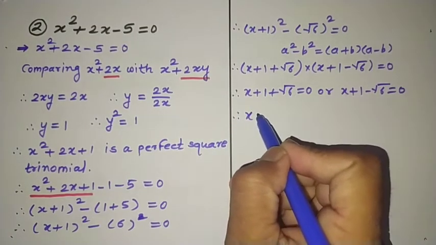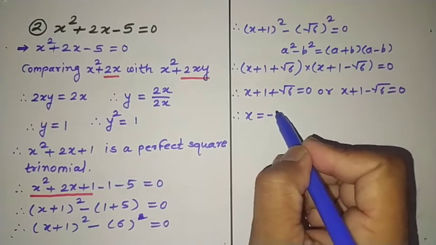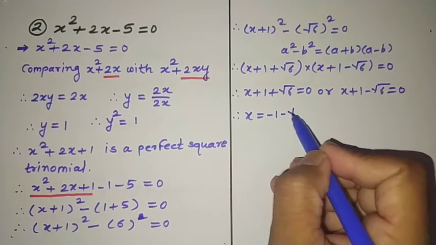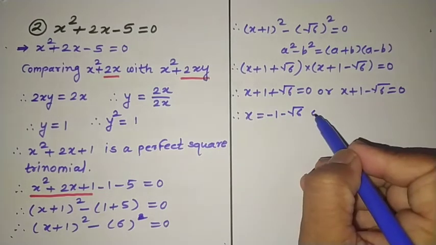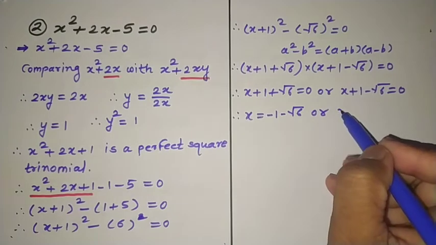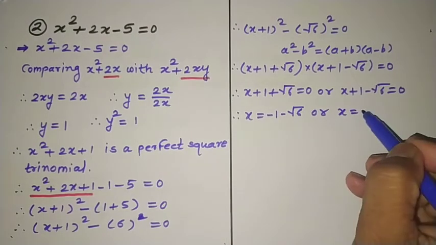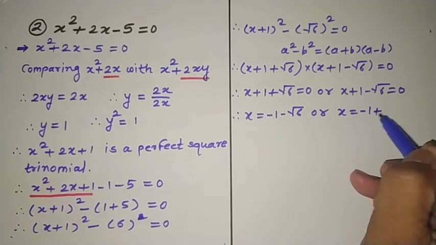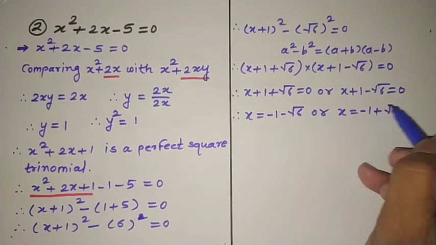Therefore x is equal to minus 1 minus root 6, or x is equal to minus 1 plus root 6.